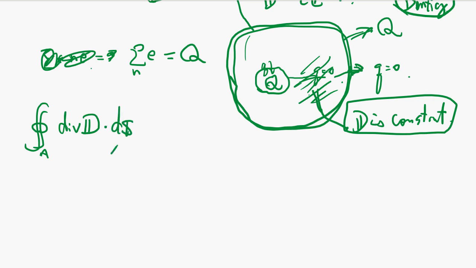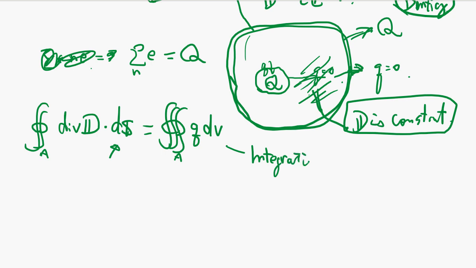This is area, so the surface integral is going to be the same as the enclosed volume integral. So this is the integral form of Gauss law.